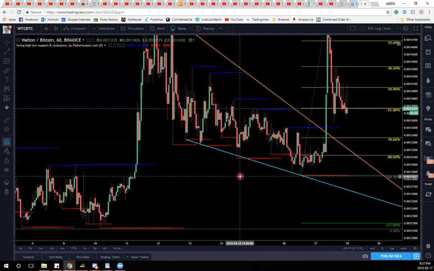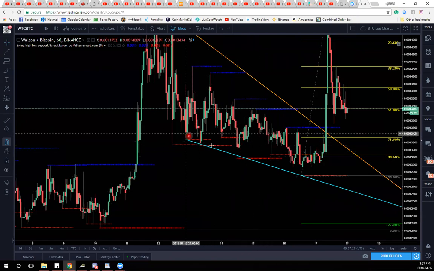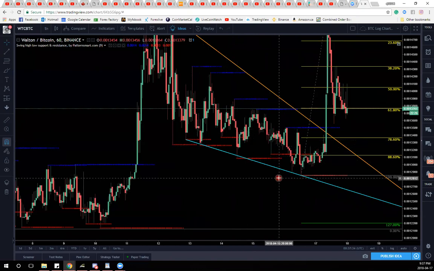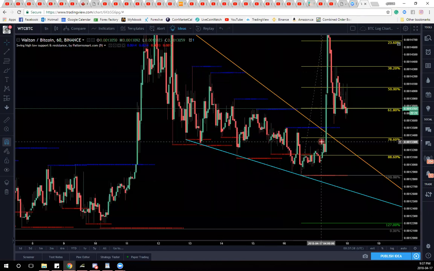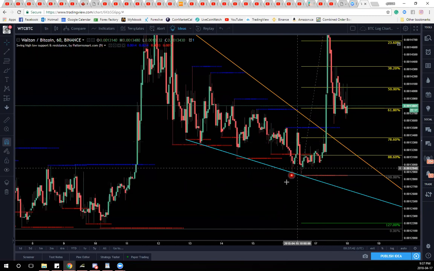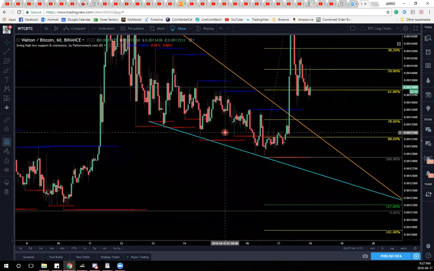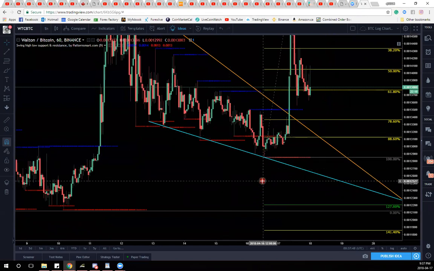And by the way, guys, the bottom slope of a falling wedge is not your important part. The most important part is your top slope, because that's where you're trying to break out of. If you know that you're in a falling wedge, you're not going to look for a breakout trade to the bottom.